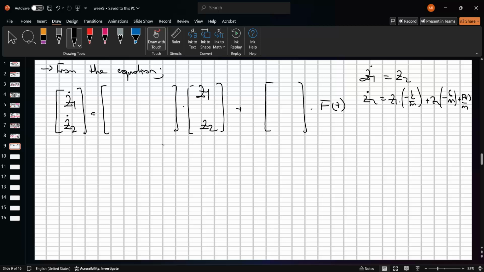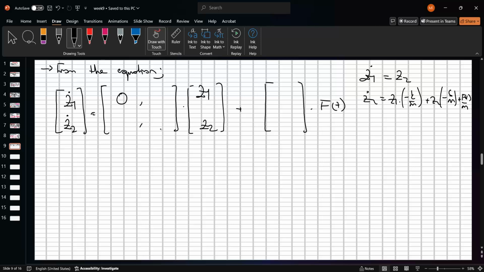Just help me. At the right hand side, we must know that Z1 dot is equal to what? The Z2. So, we have 2 times 2 matrices in here. Just follow me. Z1 dot possesses the Z1: 0.